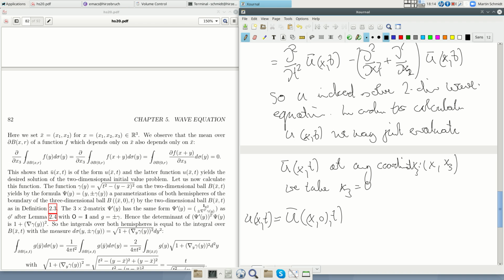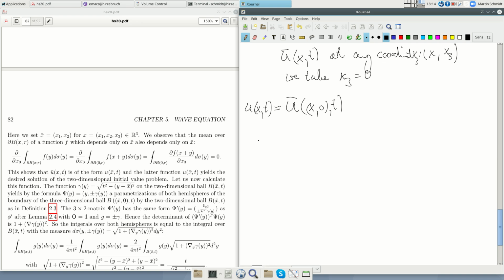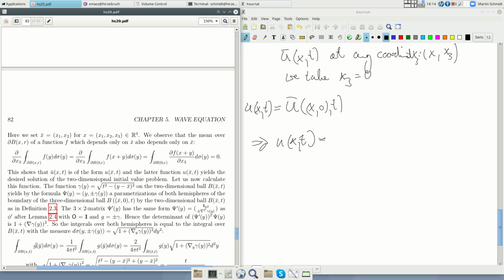Okay, so let's do the calculation. So what comes out? We get u of x,t, our solution of the wave equation. Now let's do first the calculation for these means.